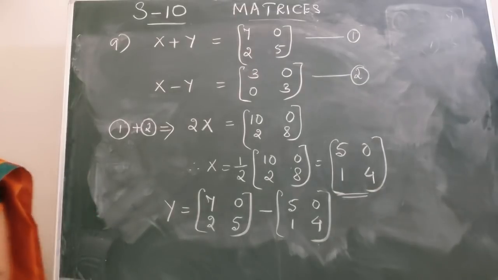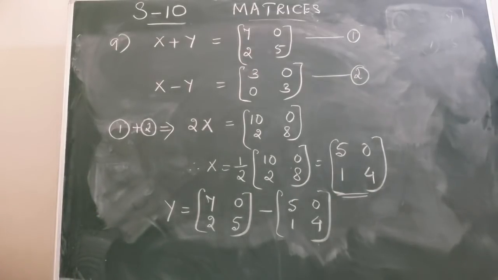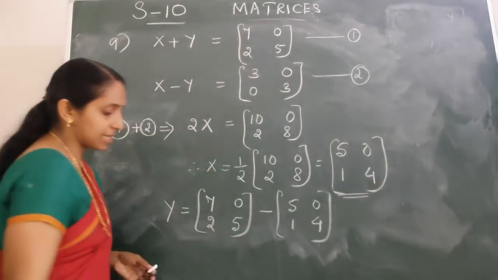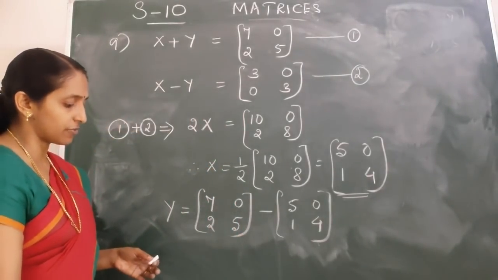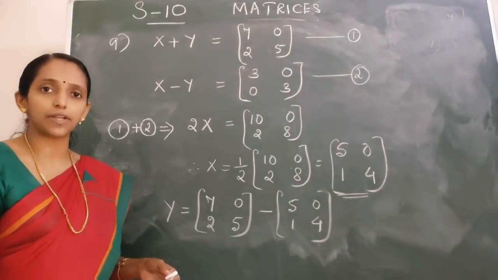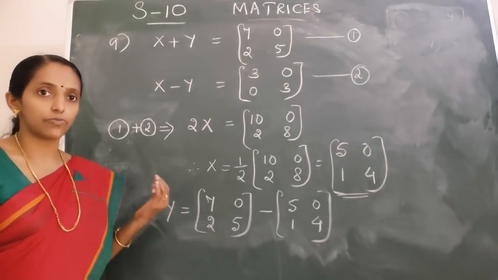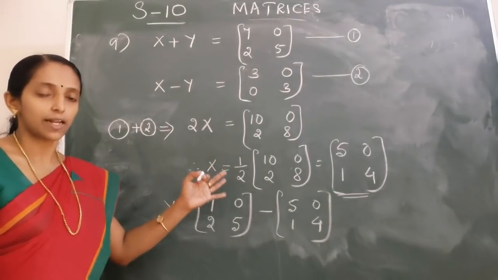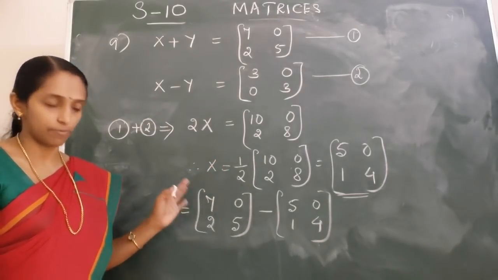Then after solving this, okay children, after solving this, again you can see in this exercise question 11, 12, 13, 14 unknown quantities are given. As I have told you, to find the unknown quantities, left hand side should be equal to right hand side, equality of matrices.